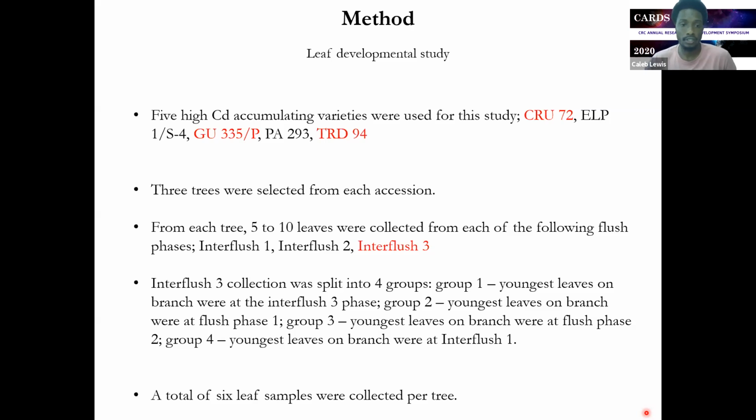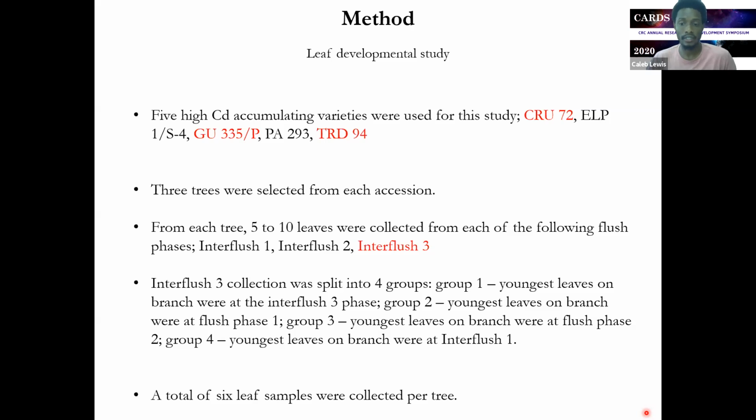3 trees were selected from each accession. From each tree, 5 to 10 leaves were collected from each of the following flush phases: interflush 1, interflush 2, and interflush 3. Interflush 3 collection was split into 4 groups. Group 1, youngest leaves on the branch were at the interflush 3 phase.